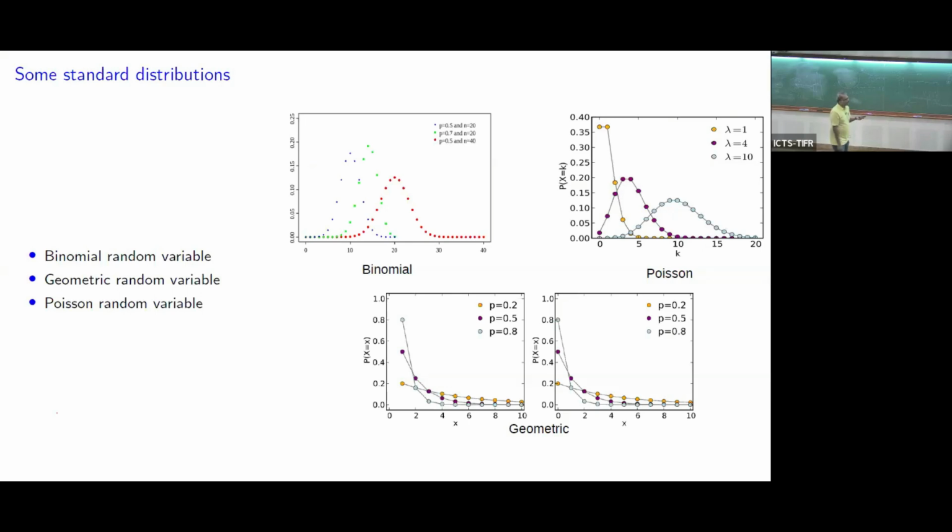For example, if you have a binomial random variable, there is a formula which is parameterized by two quantities, a parameter n and a parameter p. This is the distribution of a random variable which can take values from 0 up to n. These are the possible values that it can take.